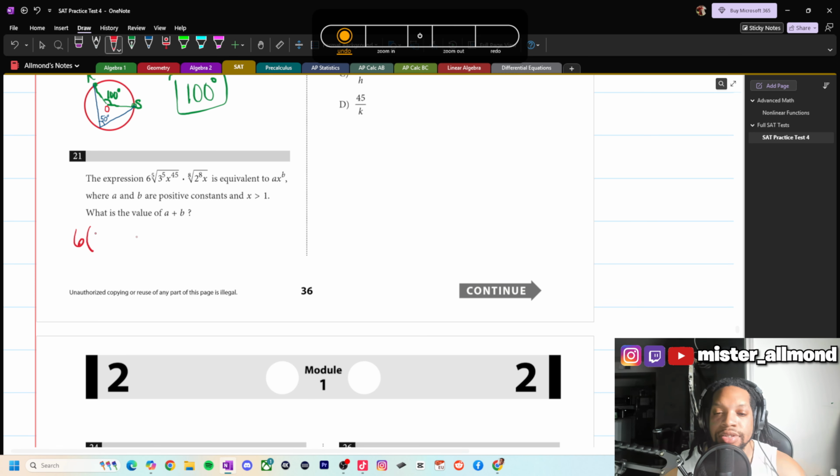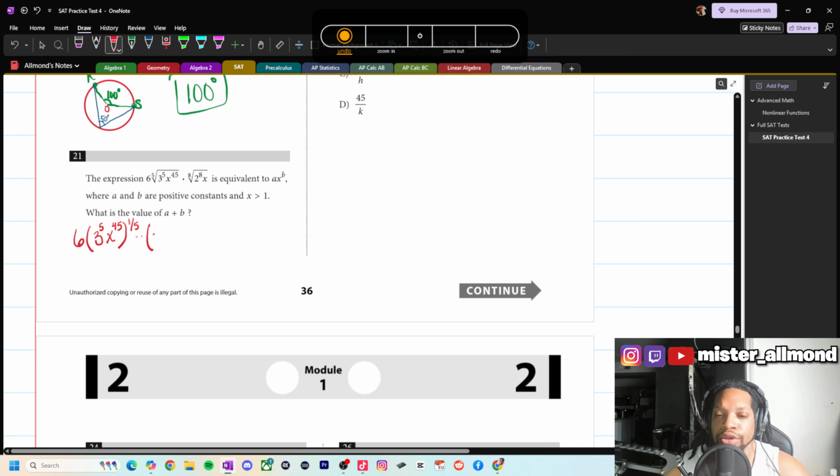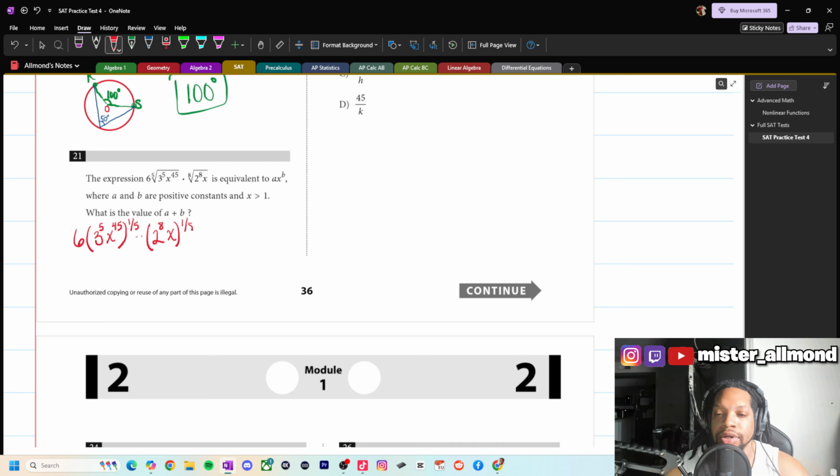So that'll look like this: 3 to the 5th, x to the 45, all of that to the 1/5 power, times, and then there's no coefficient on the second factor, so I'm just going to go 2 to the 8 x, all to the 1 over 8 power.